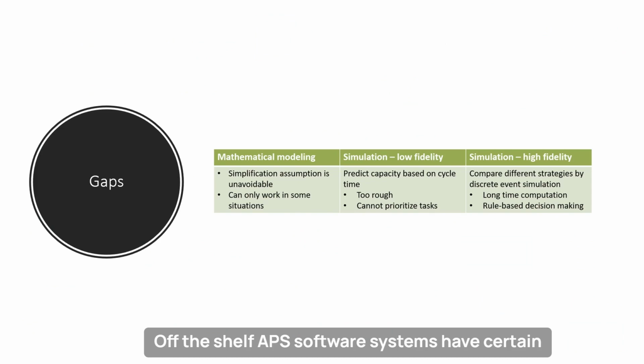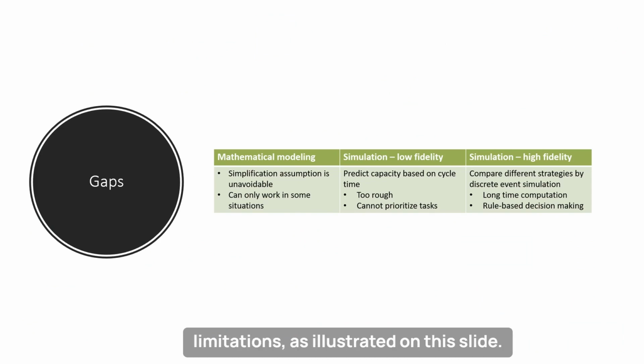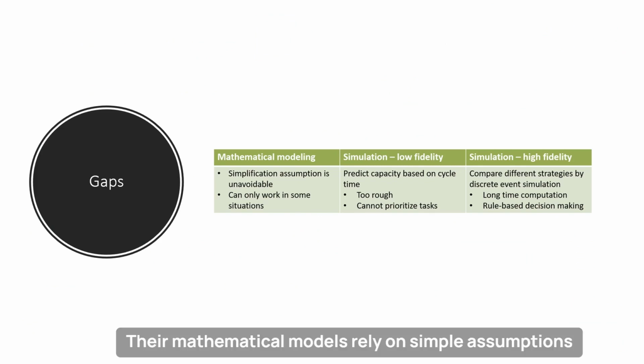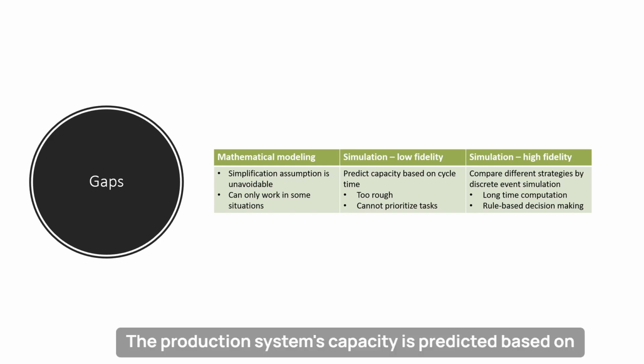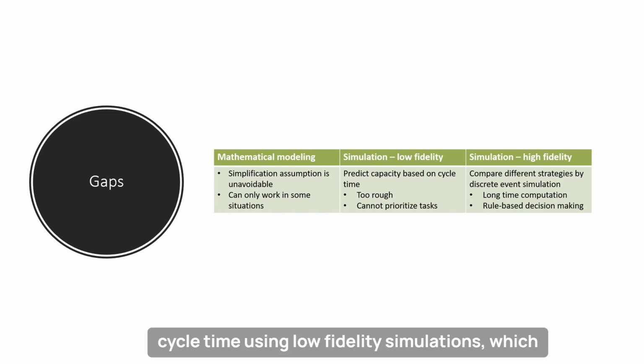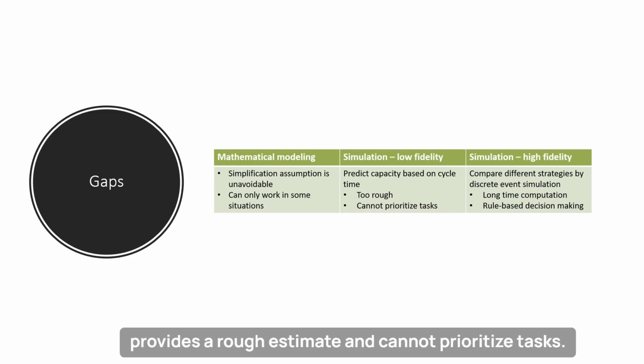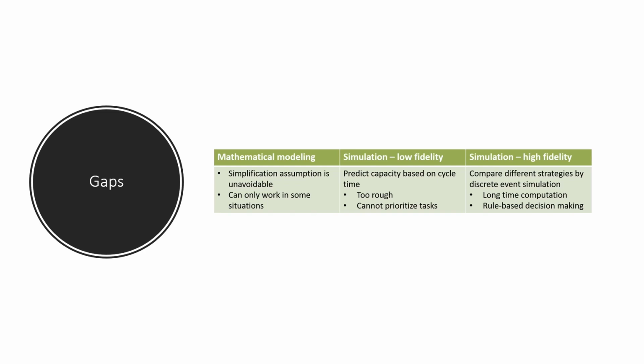Off-the-shelf APS software systems have certain limitations, as illustrated on this slide. Their mathematical models rely on simple assumptions and can only be effective in certain situations. The production system's capacity is predicted based on cycle time using low-fidelity simulations, which provides a rough estimate and cannot prioritize tasks.